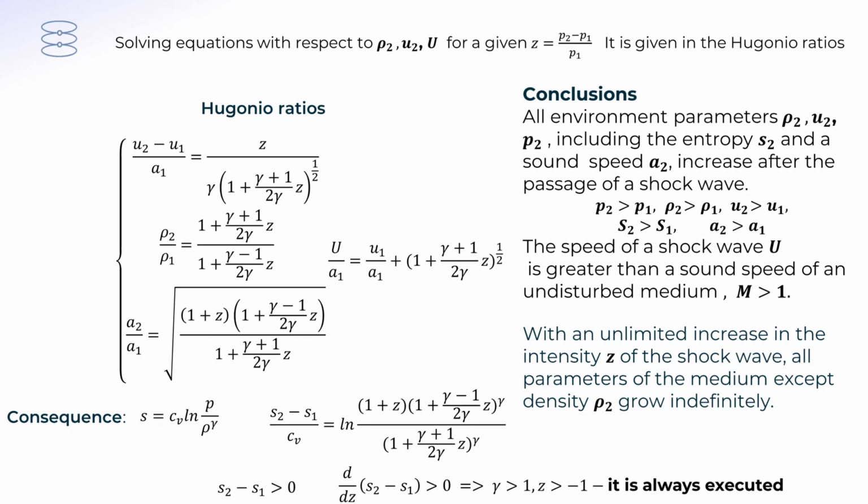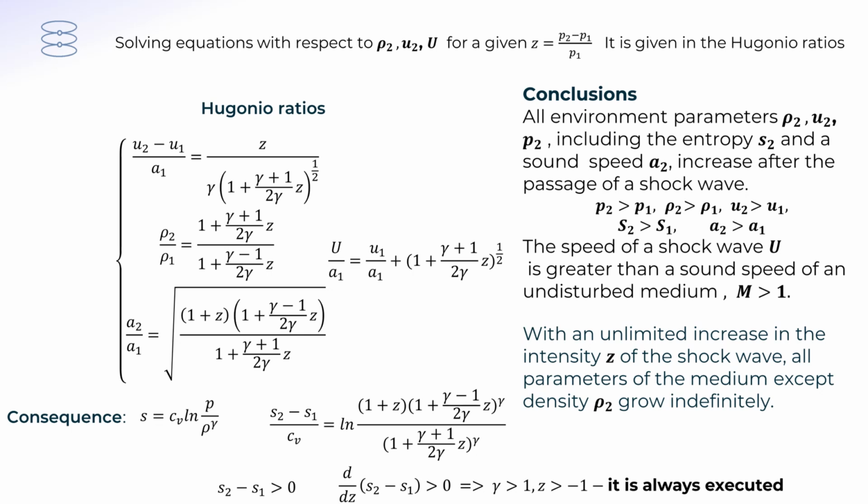Conclusions from these Hugoniot relations. The environment parameters, density, velocity of particles, and pressure, including the entropy and sound speed, increase after the passage of the shock wave. So P2 is more than P1, ρ2 is more than ρ1, and so on.